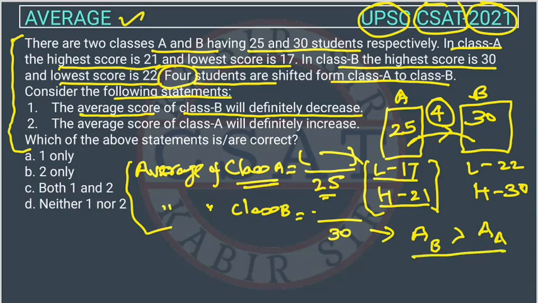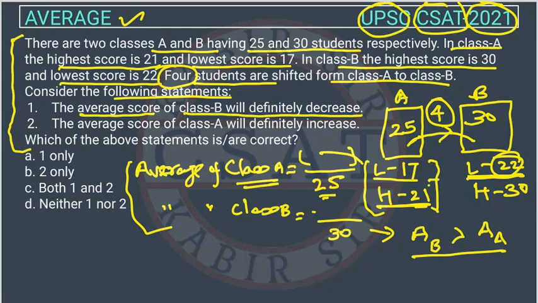Because here the lowest score is 22, all the students or most of the students have a score of 22 or greater, right? But in class A the maximum is only 21. So the average of class B will be at least 22, because the minimum mark is 22 there.